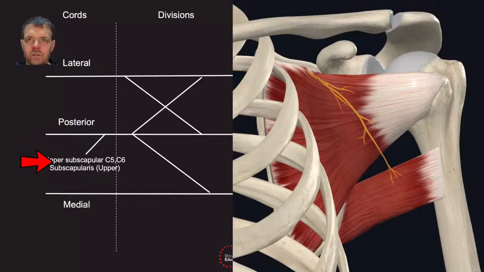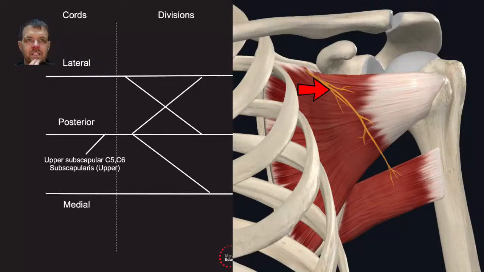And the first one that we're going to have a look at is this one. This is the upper subscapular from C5 and C6, and it innervates subscapularis, so one of your rotator cuff muscles. And again, we did rotator cuff on a video a few weeks ago, so have a look at that. So this is the pathway of that nerve as best as I could do it on these images.